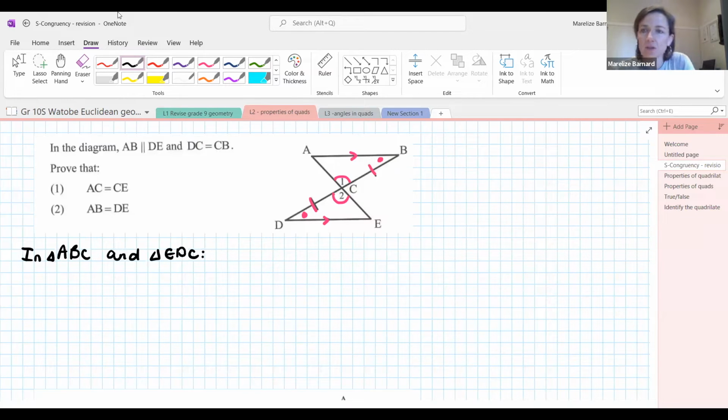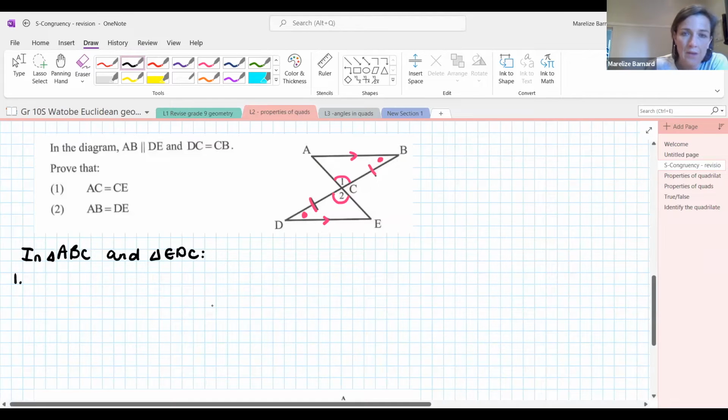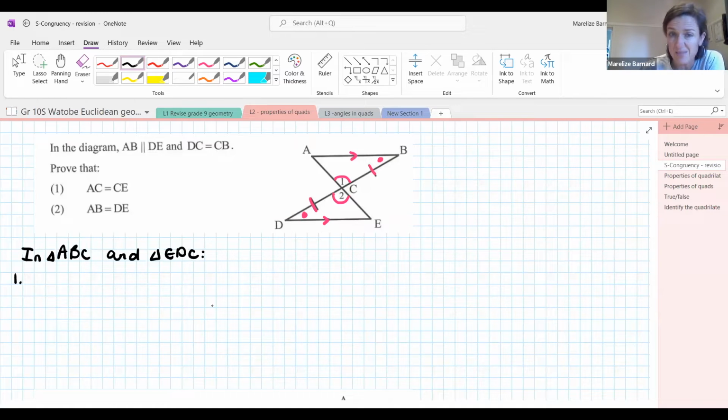Okay, so let's have a look. Always start off by saying which two triangles you are going to prove congruent. So in triangle ABC and triangle EDC, the first statement we are going to make is the stuff that's given that's equal, which is DC equal to CB, and that is given.